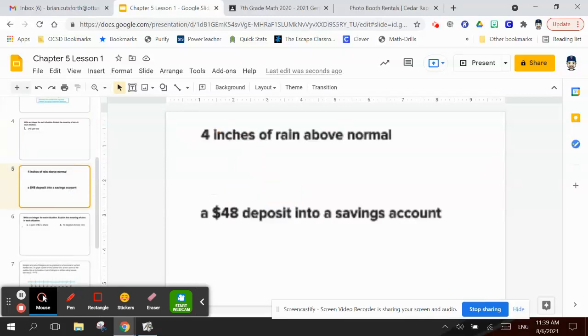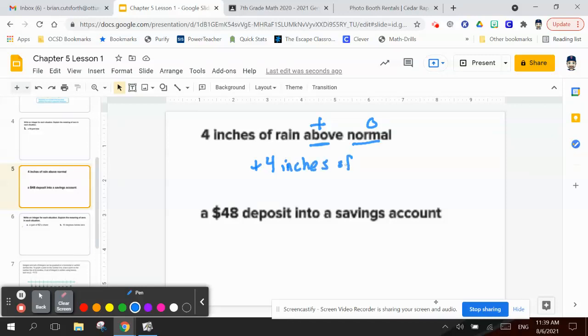When I look at example number 2, 4 inches of rain above normal. Normal is where 0 is at. Above means it's positive. So 4 inches of rain can be written as plus 4 inches of rain.